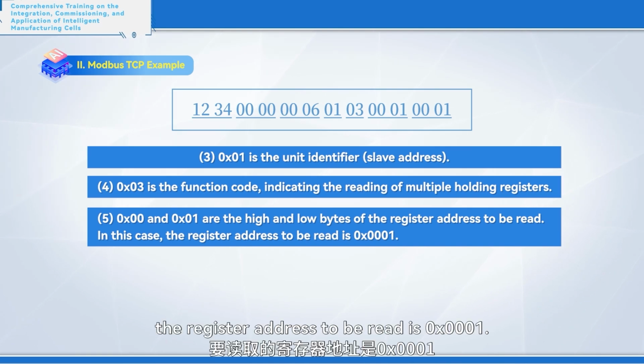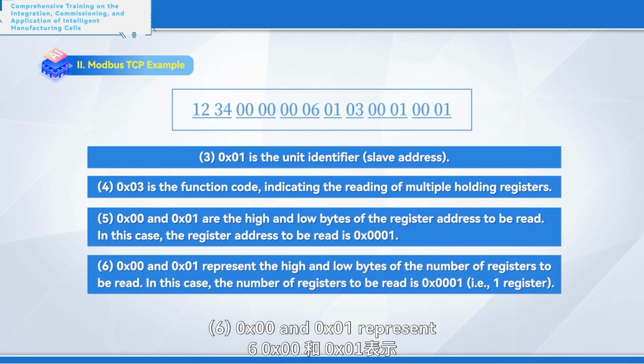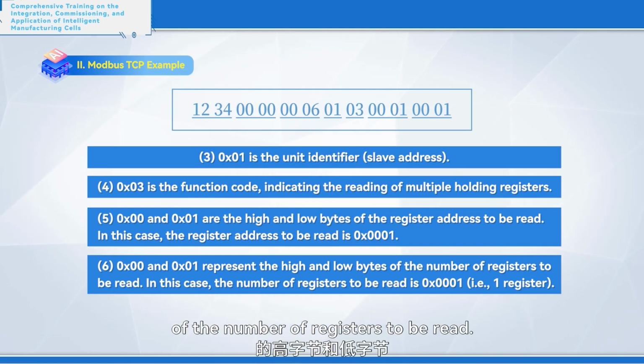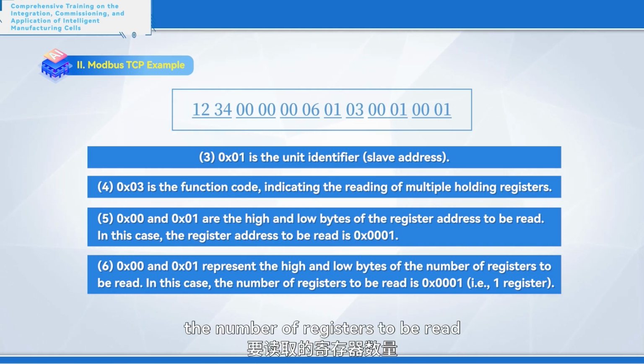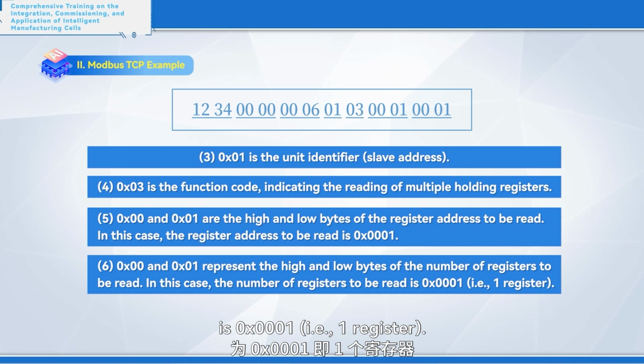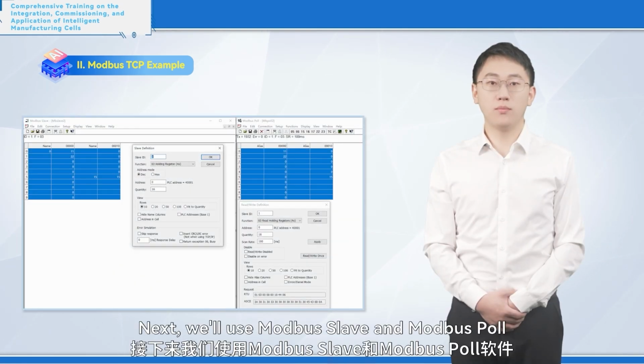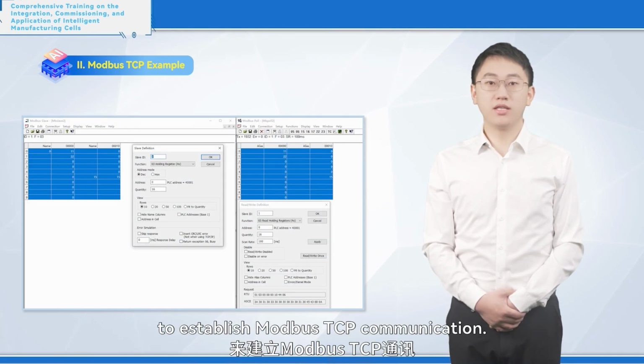In this case, the register address to be read is 0 hex 0001. 6, 0 hex 00 and 0 hex 01 represent the high and low bytes of the number of registers to be read. In this case, the number of registers to be read is 0 hex 0001, i.e., 1 register.